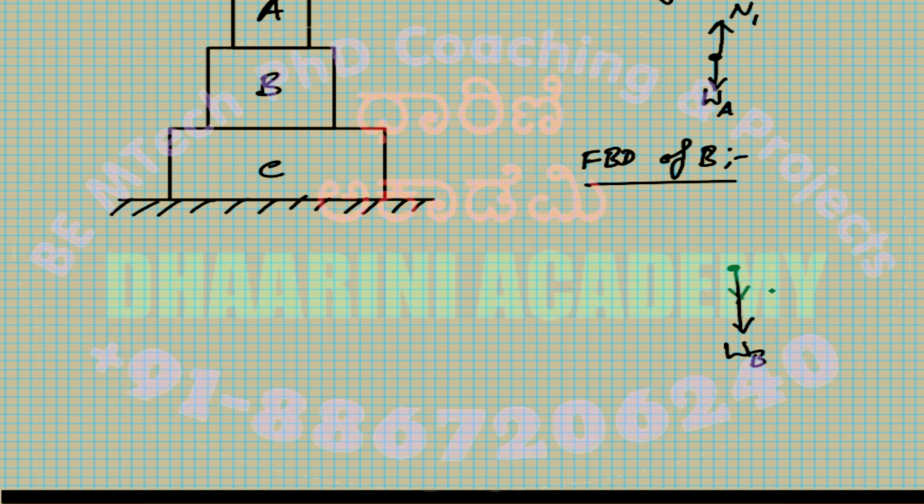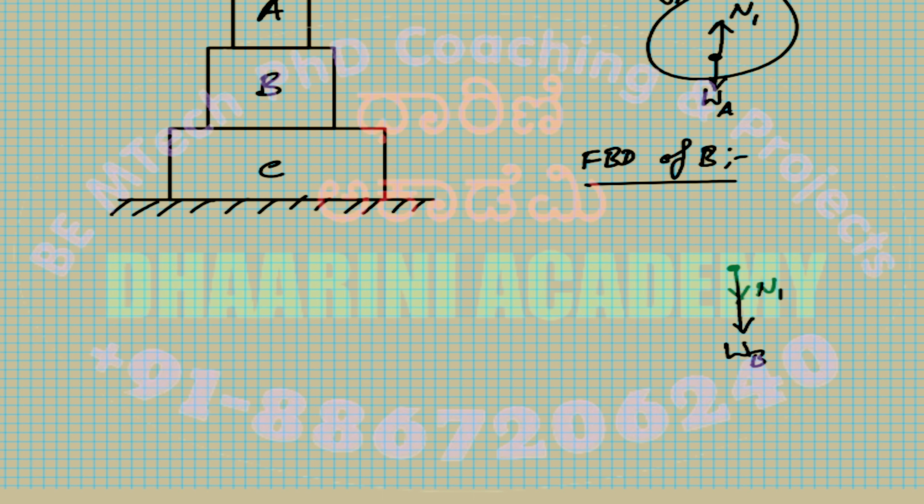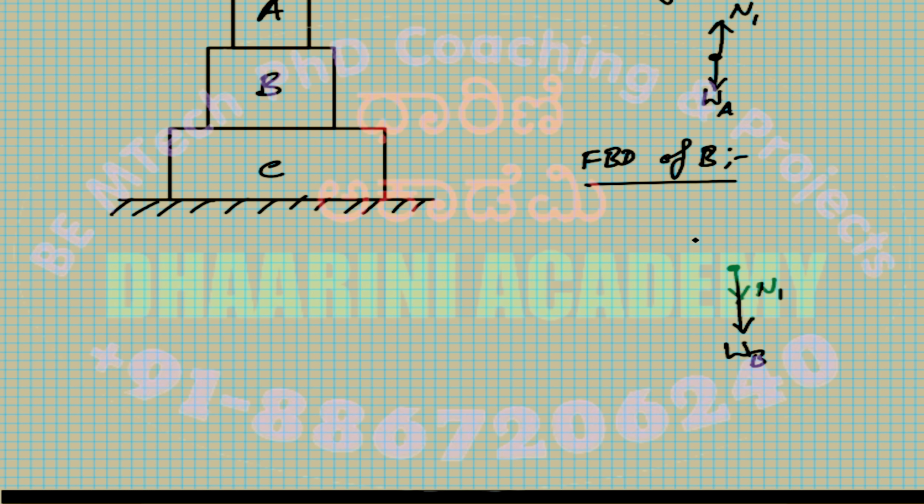One downwards is the N1 which you had written earlier in case of A. The N1 is exerted by the body B on A, so A will reply with the same amount of force in the opposite direction that acts on B. We have marked that downwards for B, because B pushes A upwards, which means A is going to push B down. That's the reason.